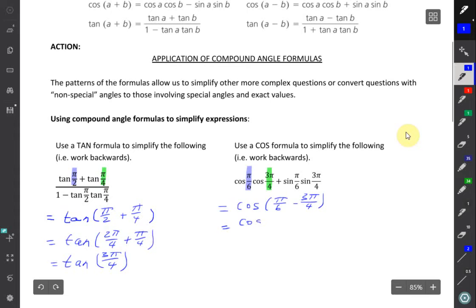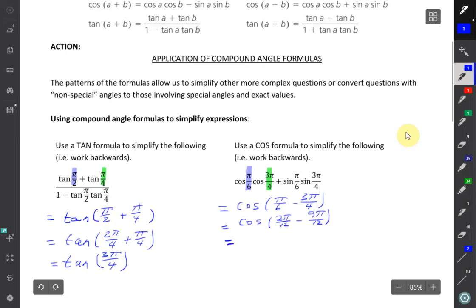So we need a common denominator, which looks like it's 12. So we have the cos of 6 times 2 is 12, so 2 pi over 12, minus 3 times 4 is 12, so 3 times 3 is 9 pi over 12.